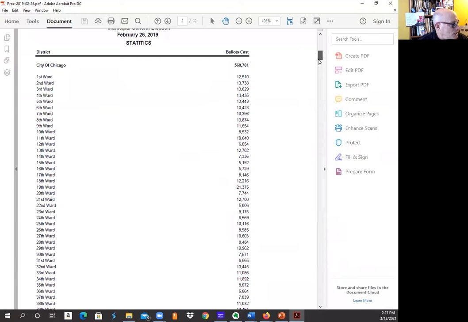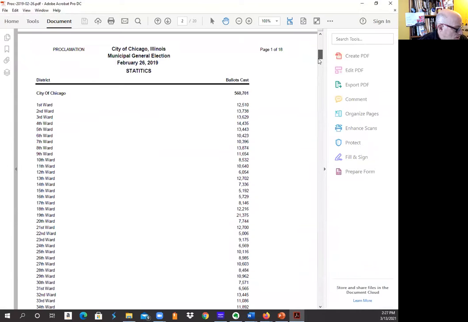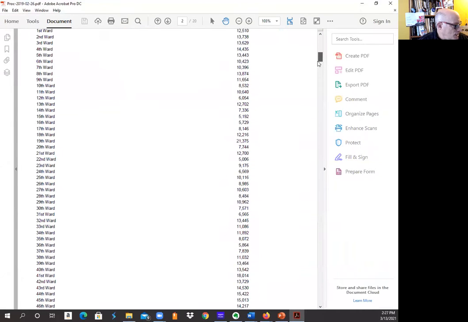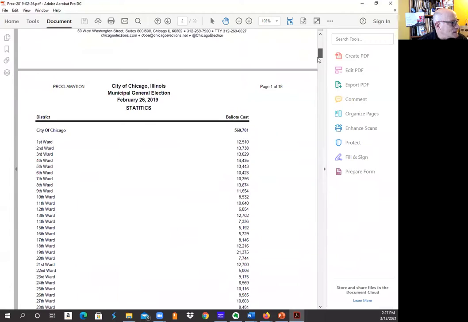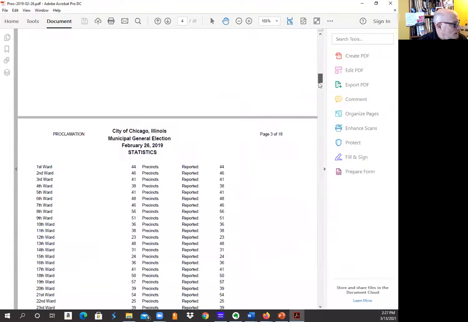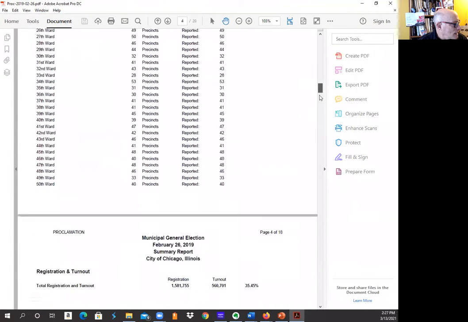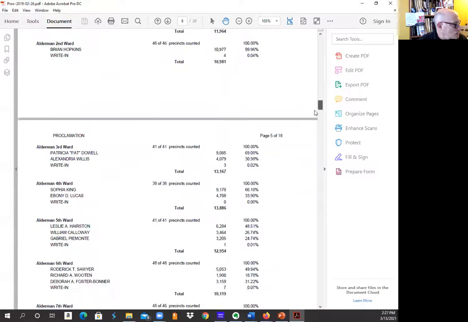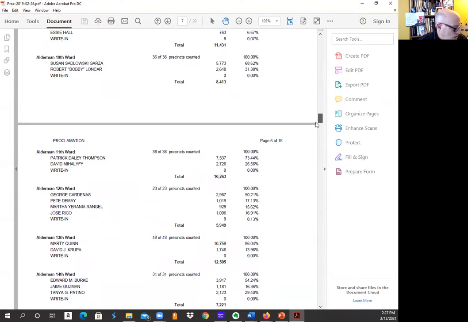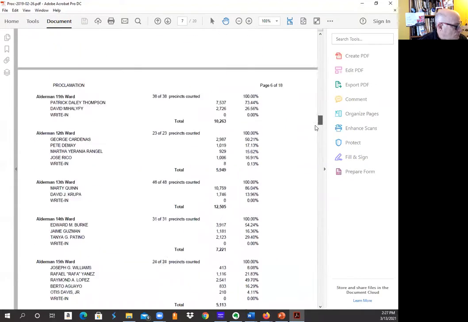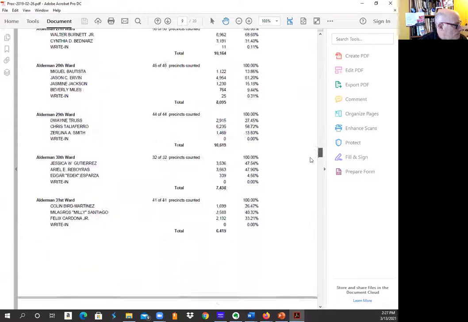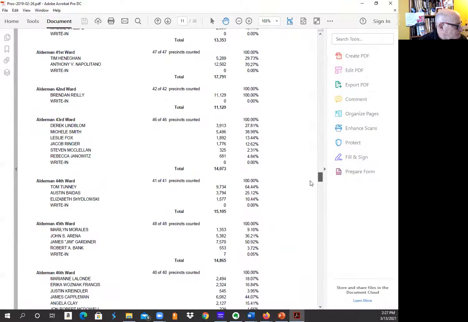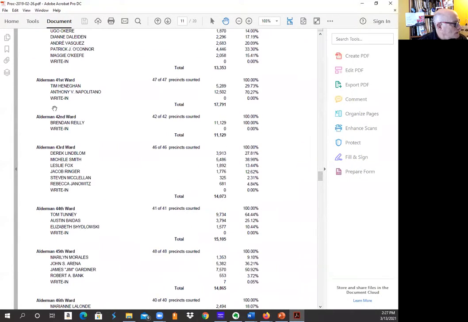So the first thing we see is, let's say your ward is 38. So the 38th had 11,000 ballots cast. And when we go to the 41st ward, it was a blowout.